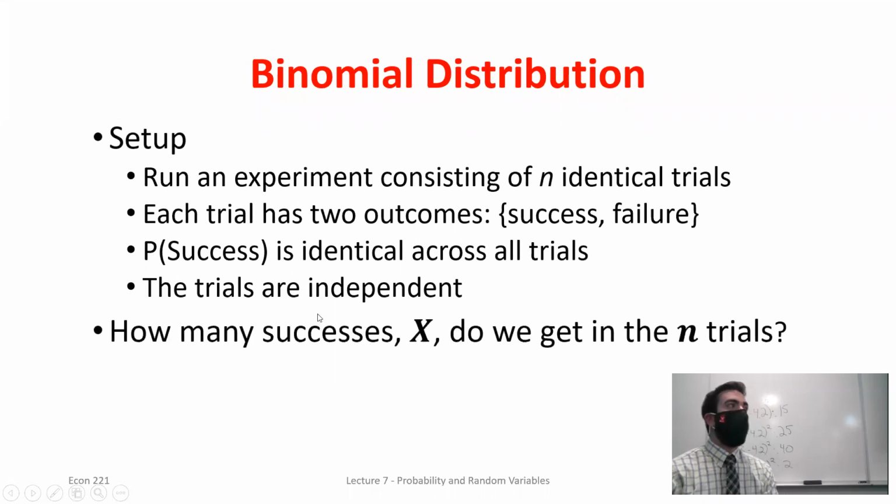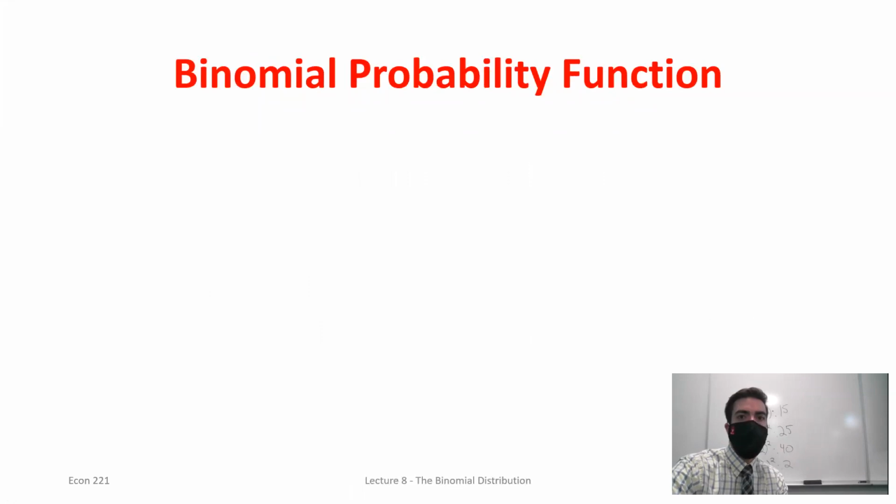So once we have this set up, what we might be interested in is how many successes do I see out of these n trials? If I flip a coin 100 times, what's the probability it only comes up heads 30 times? Probably relatively low because we know the average should be about 50, but it's hard to say exactly what that probability would be. So we actually have a function.